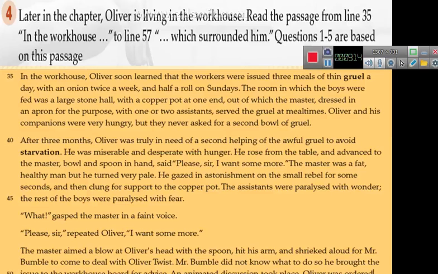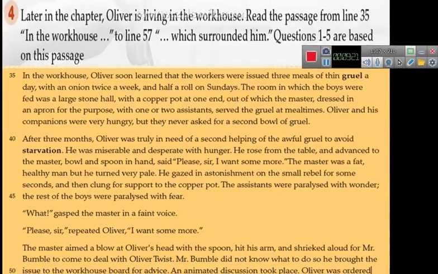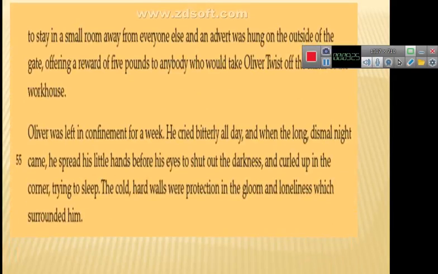Try to read. We don't want to waste your time. Try to read it in your book.